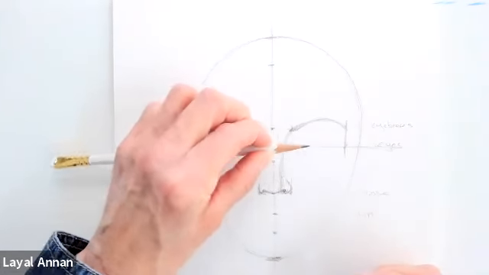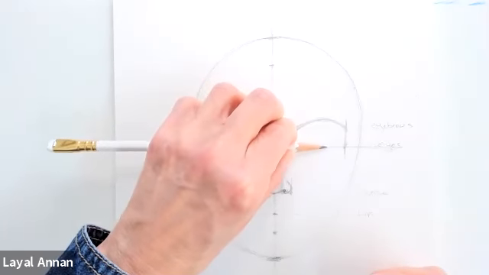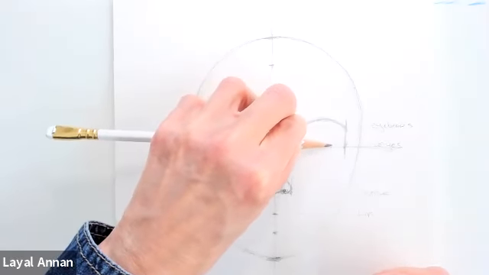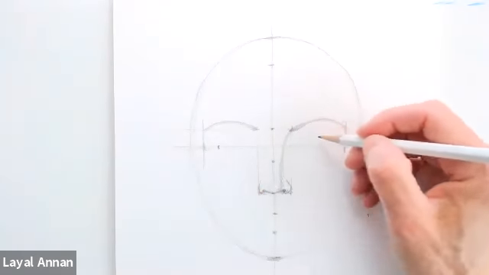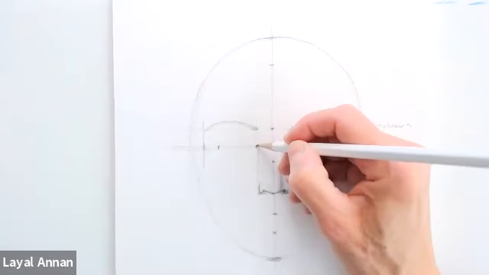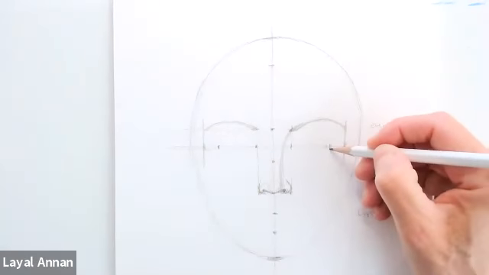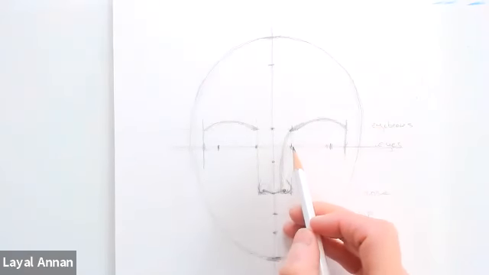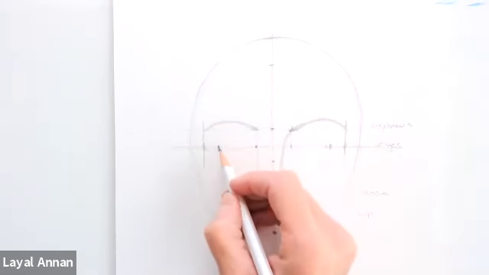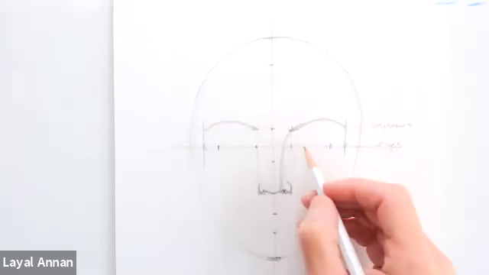Again, it doesn't have to be exact. Roughly will be fine. Usually I like to do the eyes a bit bigger, but that's roughly the width of each eye. And in between the eyes, there's one eye's width.